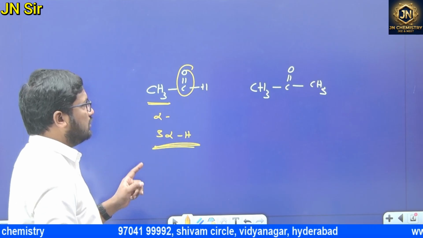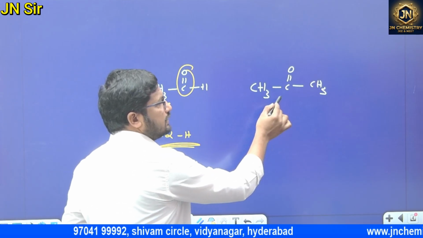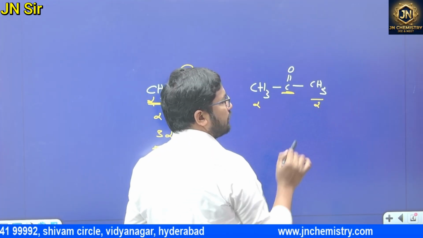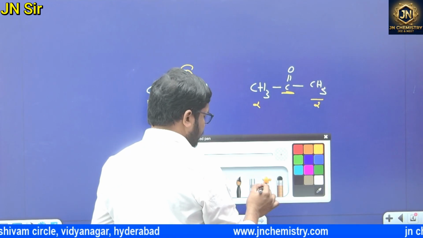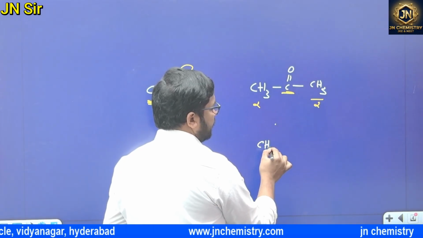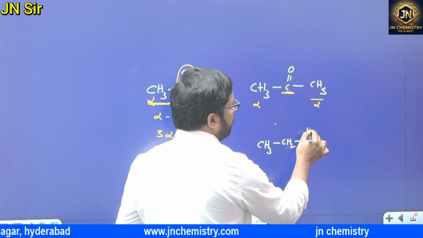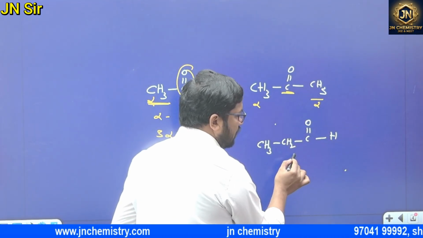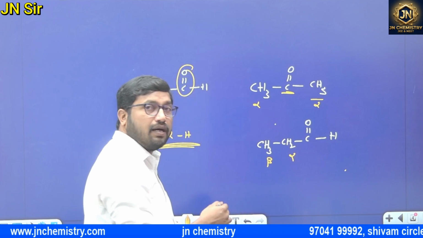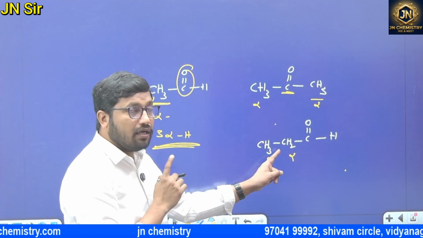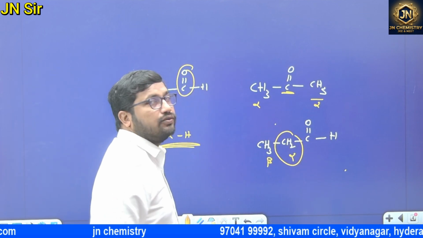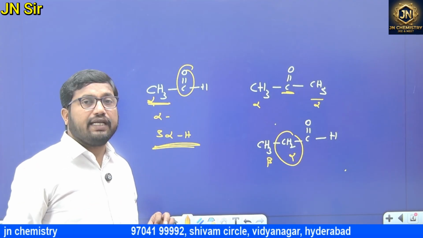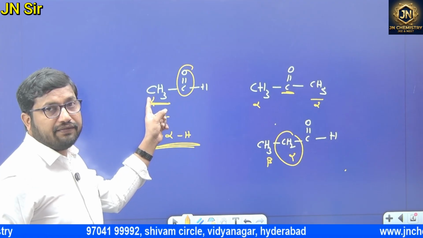For example, with respect to C double bond O, we need to see the alpha. Try to understand CH3, CH2, C double bond O, H. This is alpha, this is beta, gamma, delta, epsilon, like that. Second point, we need to identify the alpha hydrogen. The alpha carbon has the alpha hydrogen.